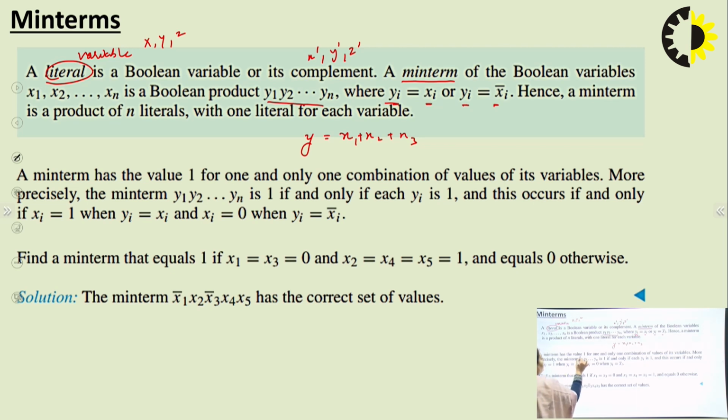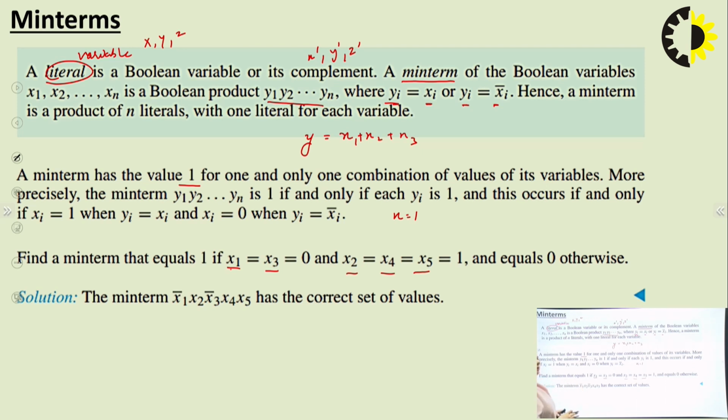A min term has a value 1 for one and only one combination of values for its variables. That is, a min term has value 1, while the max term, which we will discuss later, will be 0. So to find a min term that equals 1, suppose we have variables with x1, x3 equal to 0 and x2, x4, x5 equal to 1, and equals 0 otherwise.